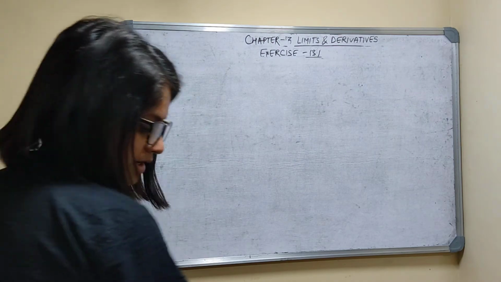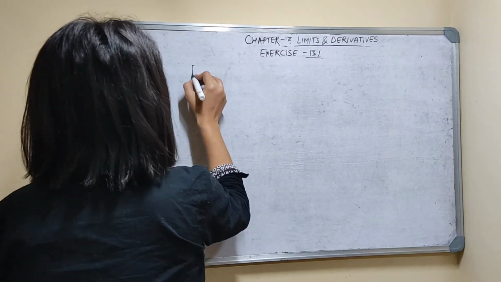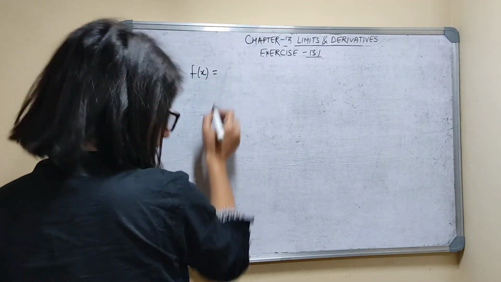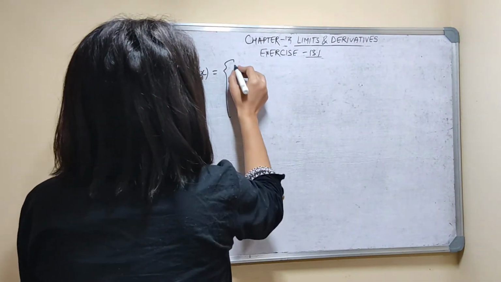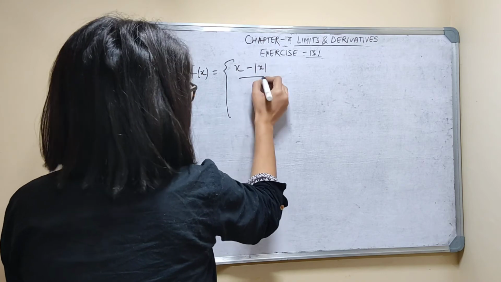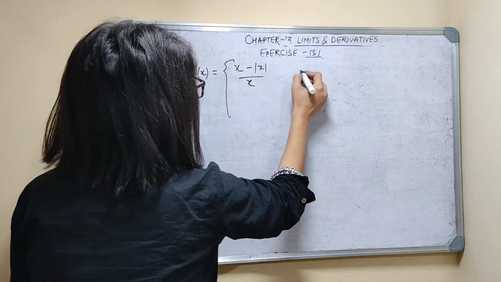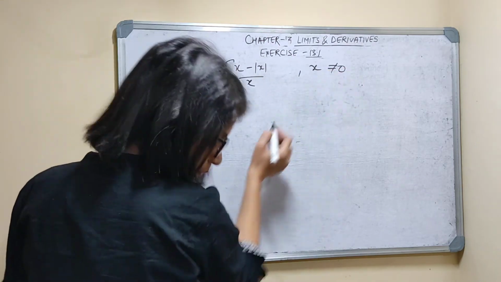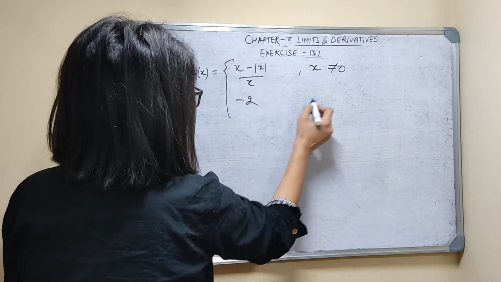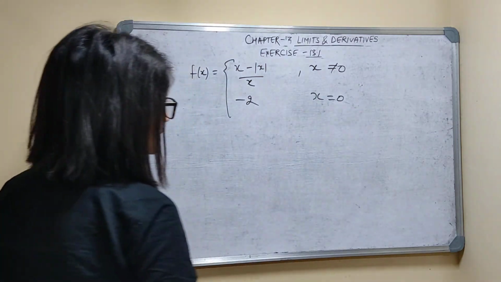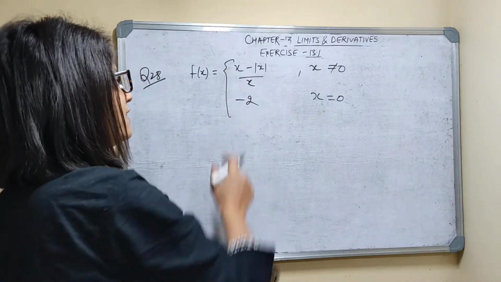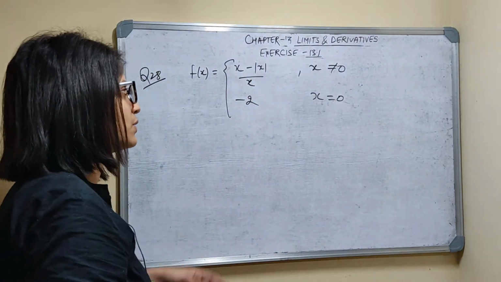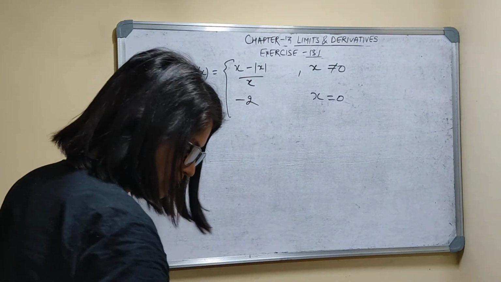Question number 28. F x is equal to x minus mod of x by x when x is not equal to 0, and minus 2 when x is equal to 0.